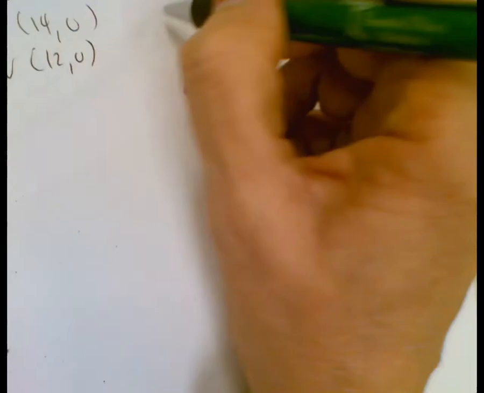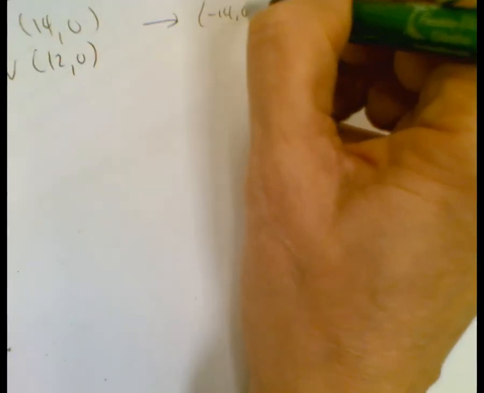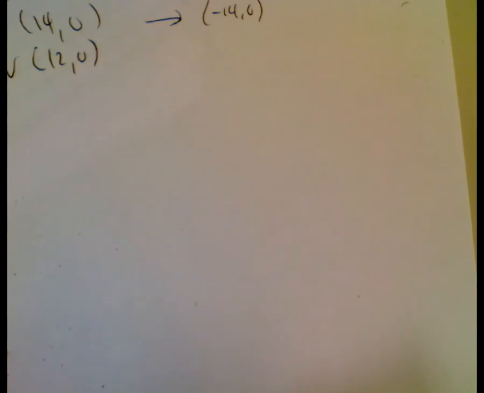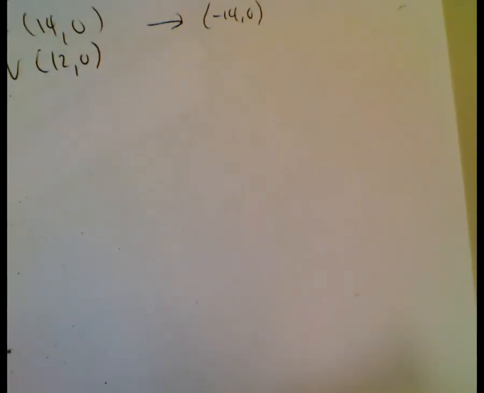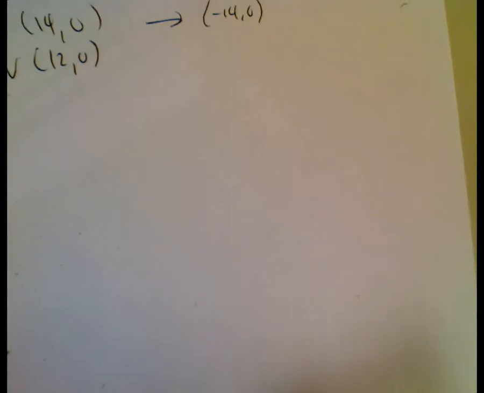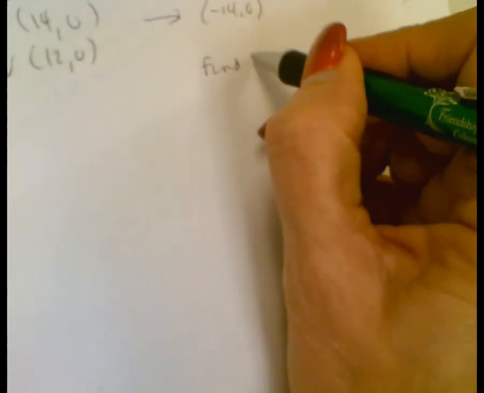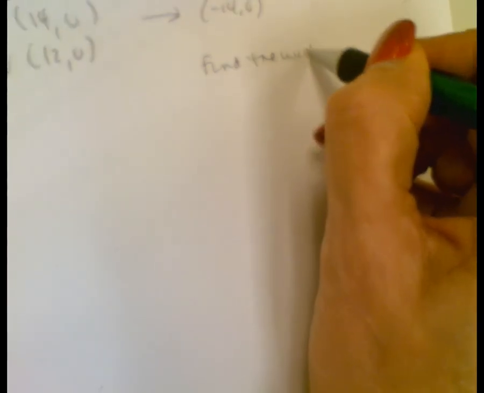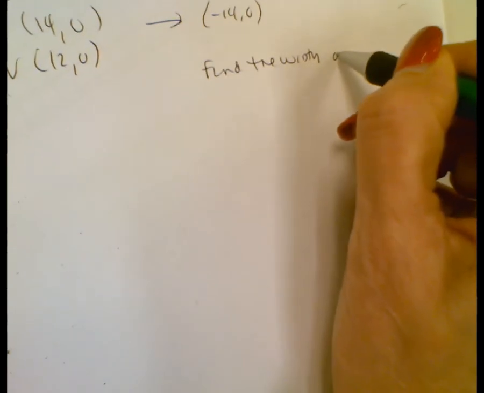And a vertex at 12,0. When light is reflected from 14,0, it is reflected to -14,0. Find an equation that models the shape of the mirror. Find the width of the mirror at its focus.